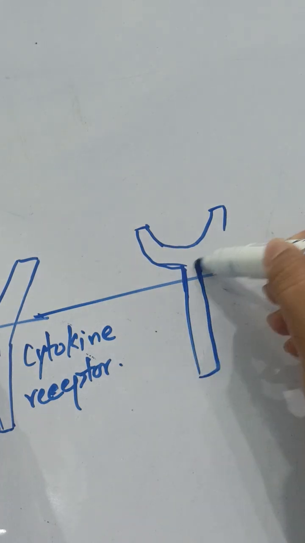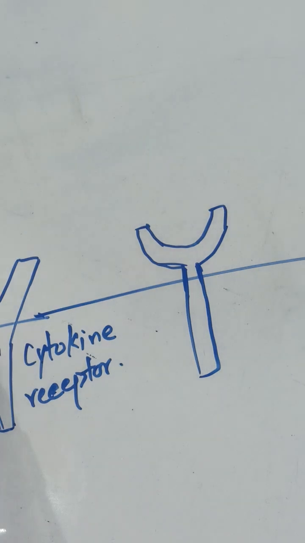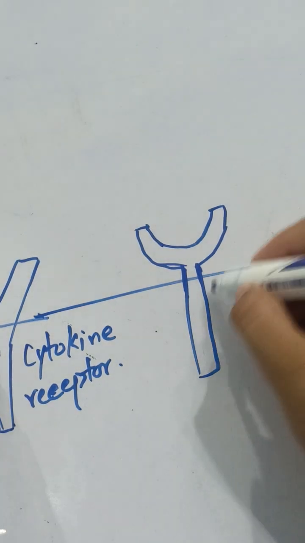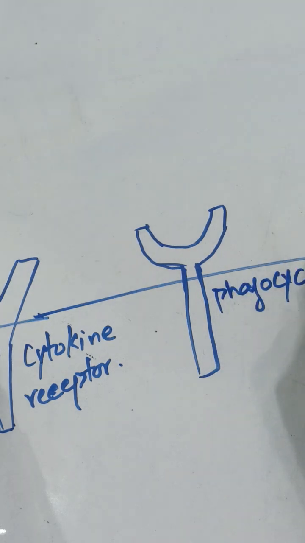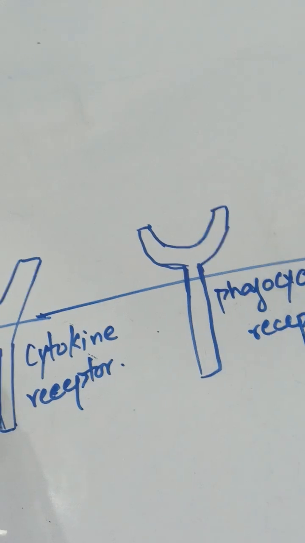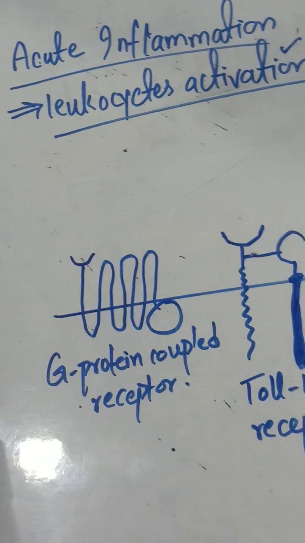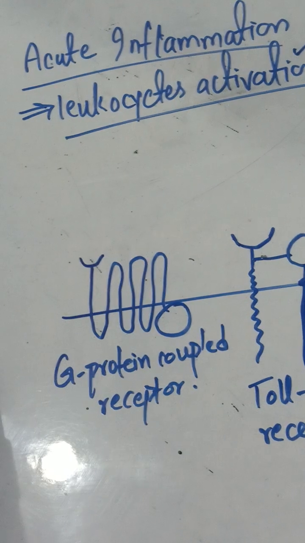My drawing is not too good, but I have tried my level best to draw everything. So this is your phagocytic receptor. Now you have to see what kinds of things bind with all these receptors.